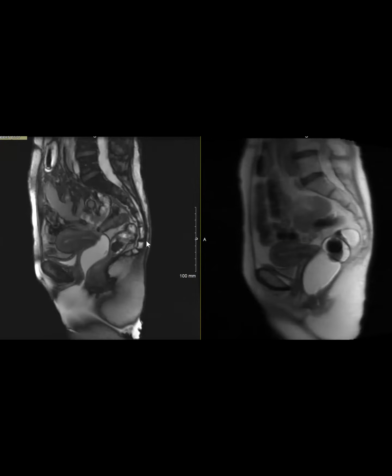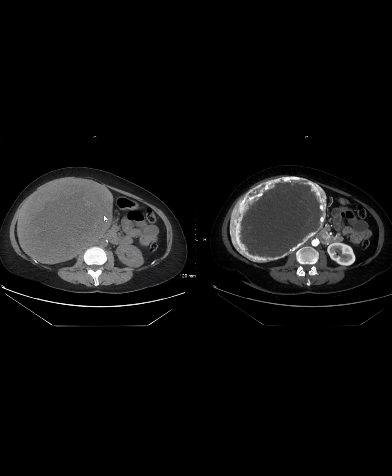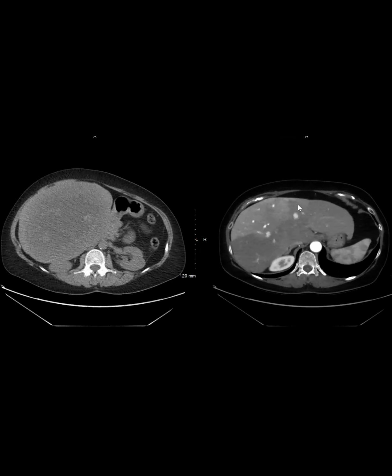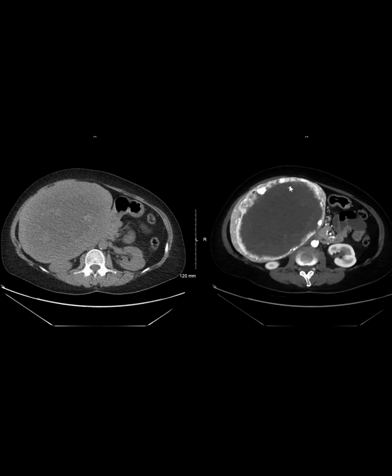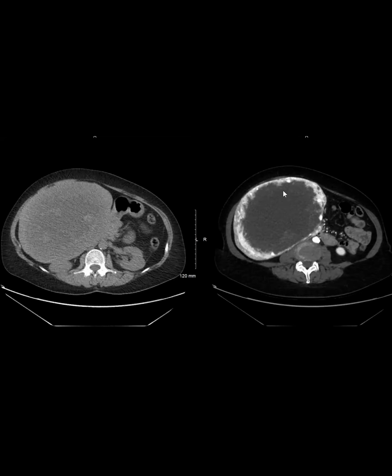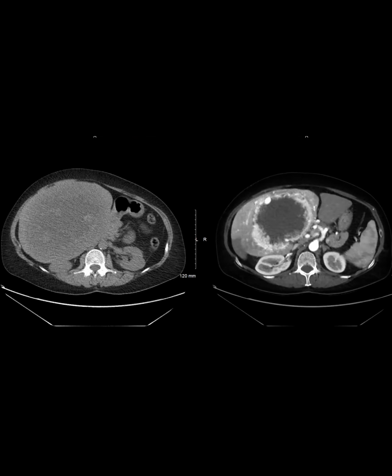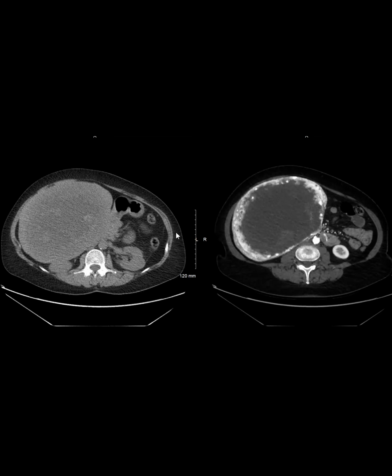And then my final contender is this case. She's a young woman, I think. Not sure that's relevant or not, but you can see that there's a very aggressive looking liver mass.